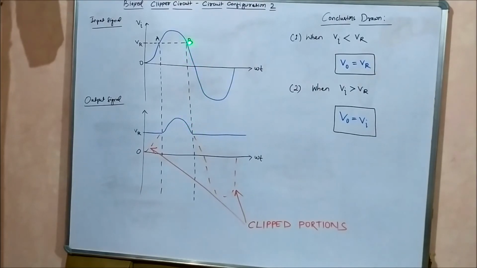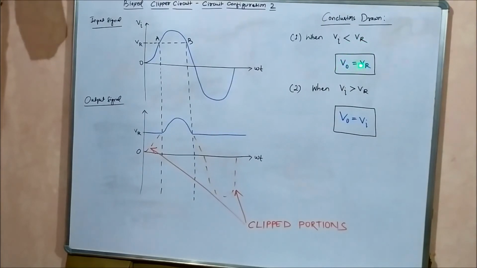Now from B downwards, the signal goes downwards. It means the entire portion from B lies below the reference voltage Vr. It means from B onwards, the input voltage will again be lesser than the reference voltage.